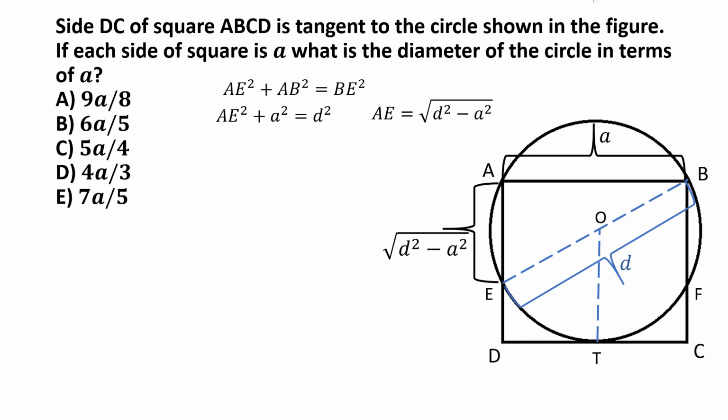Now, from O, we draw a straight line. That's shown by the red dotted line. We draw a line parallel to AB. So consider for a moment the triangle ABE.